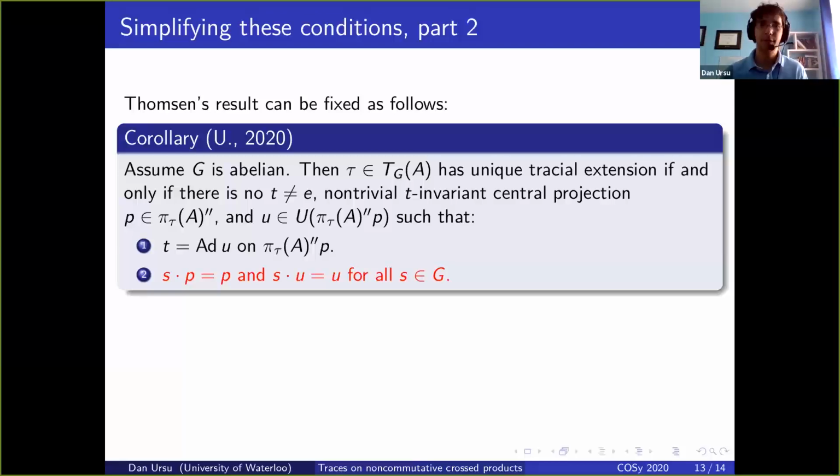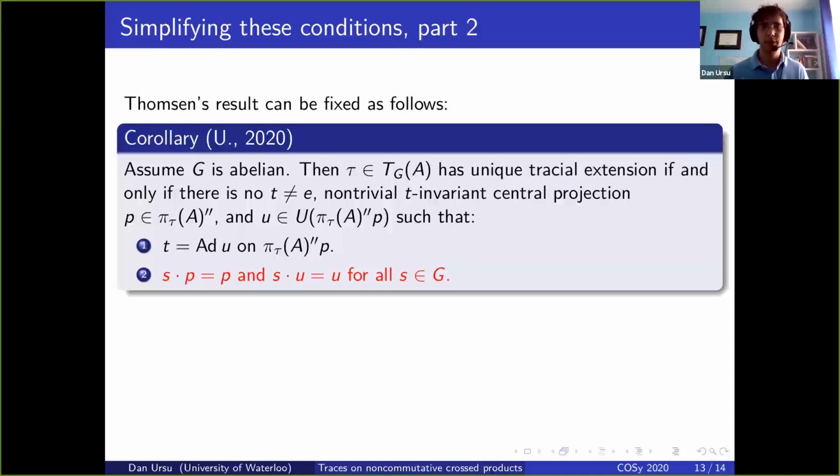Remember, properly outer is just saying that there's no non-trivial T-invariant central projection with which you can decompose your von Neumann algebra, and no unitary on this corner such that T is inner on this corner with respect to the unitary.